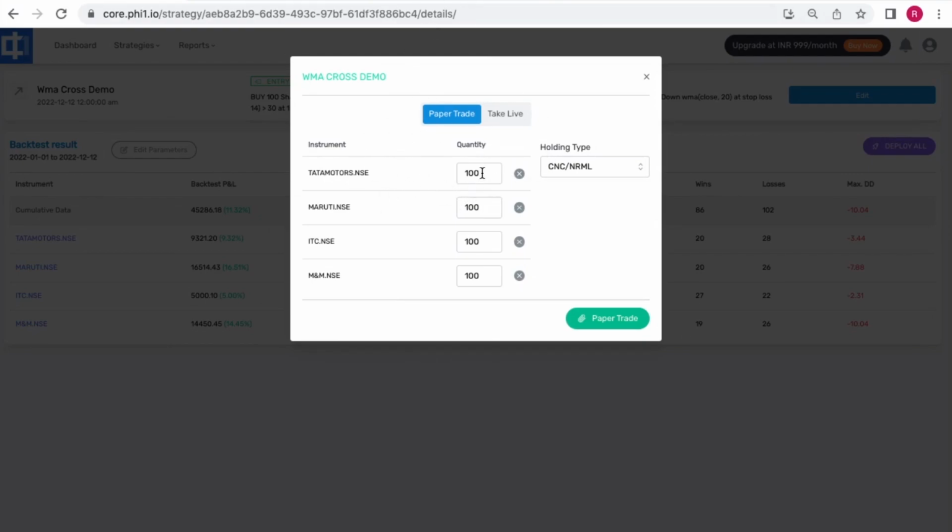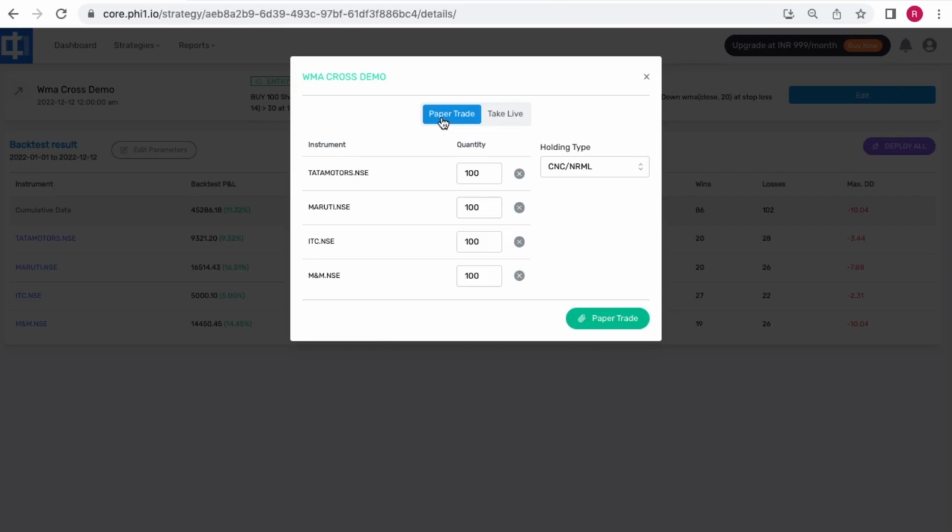Once again, here you have the option to edit quantities or remove any of the scripts that you don't want to go live with. You have the option to paper trade at this stage as well. Paper trading is basically testing your strategy in the live environment without using your real money, which means there's absolutely no risk, and it also tells you how well your strategy is going to do in the real market environment.